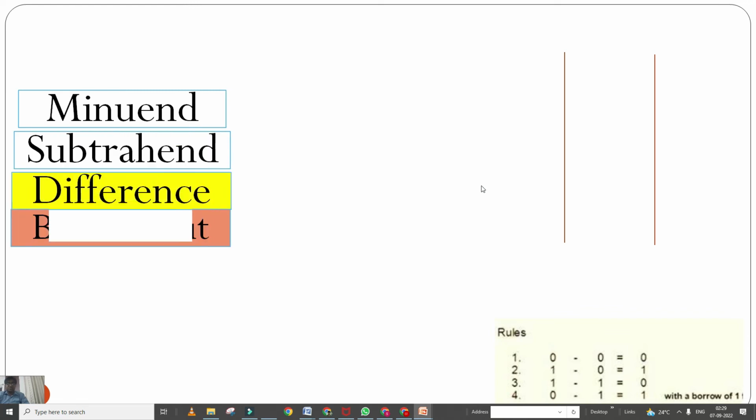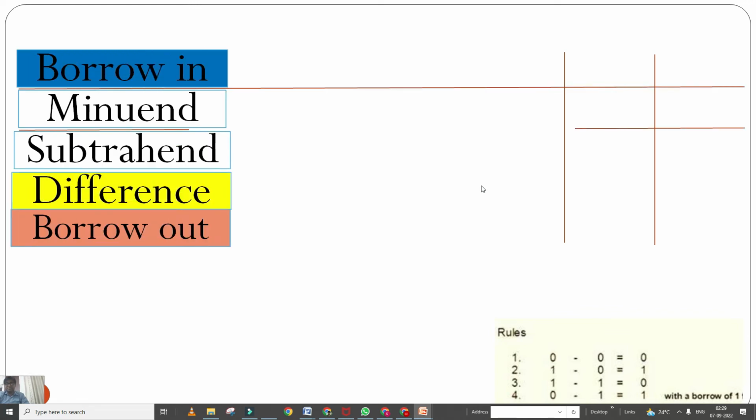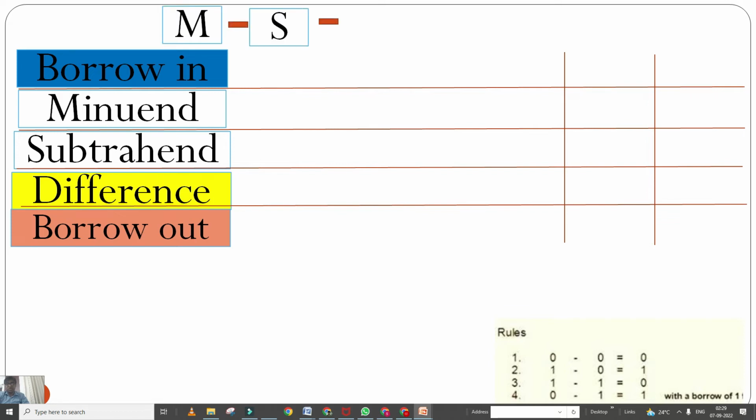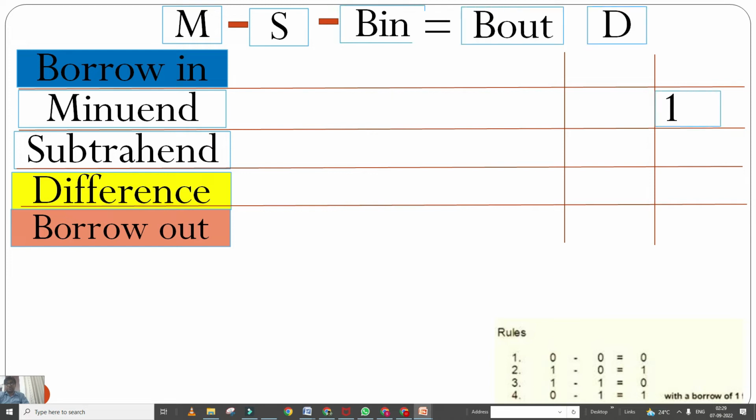Now the other case. Because there are 3 inputs, the possible combinations are 8. We already performed 2 cases. Now what about the other cases? So look at this: previously the minuend was 0, now it is 1.